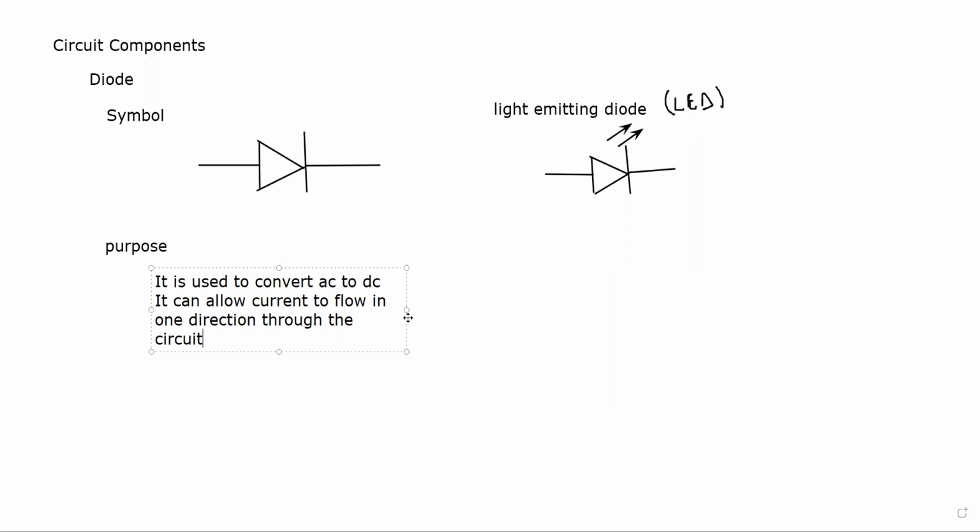I will explain this statement, that the purpose of the diode is to convert alternating current into direct current, or it can allow current to flow in one direction through the circuit.